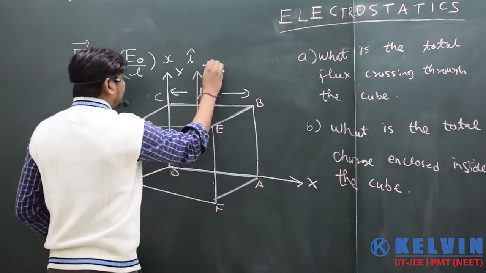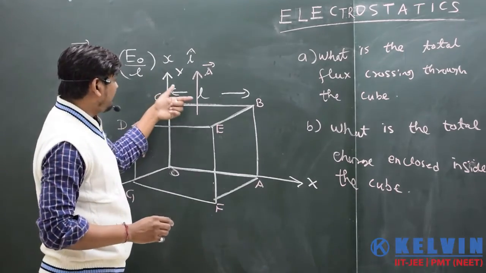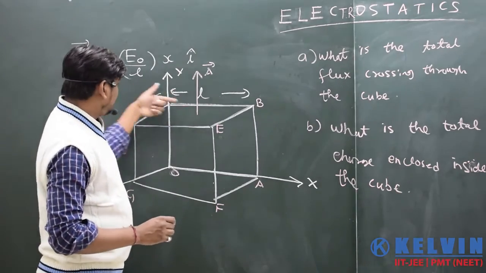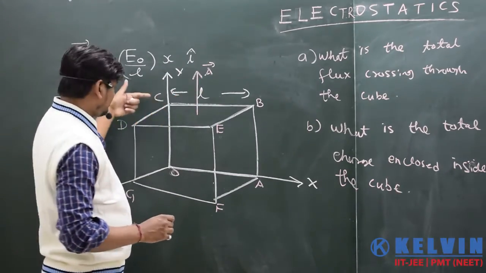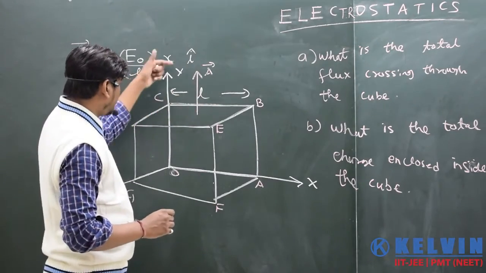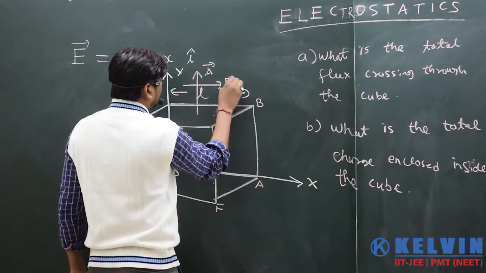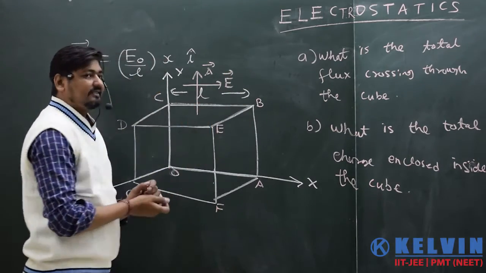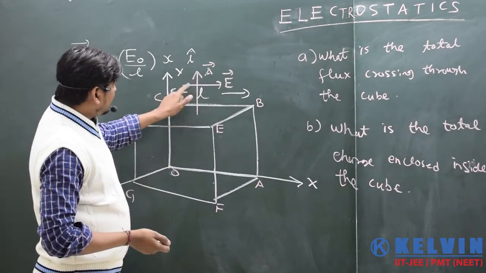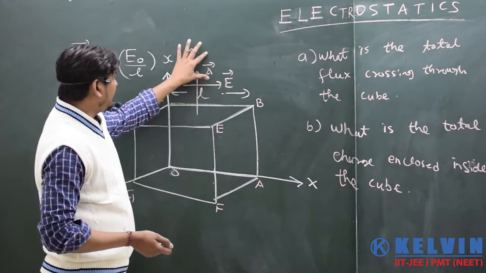If I take the electric field at any location here, I am just talking about the direction. The direction of the electric field is along the x-axis. So clearly there is an angle of 90 degrees between the electric field and the area vector for this surface.